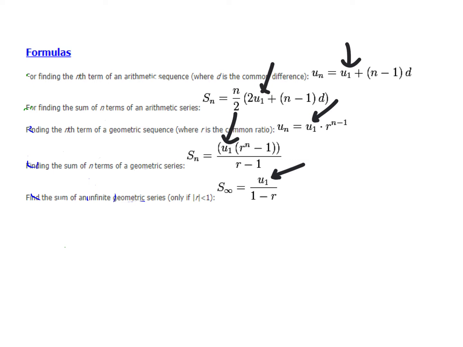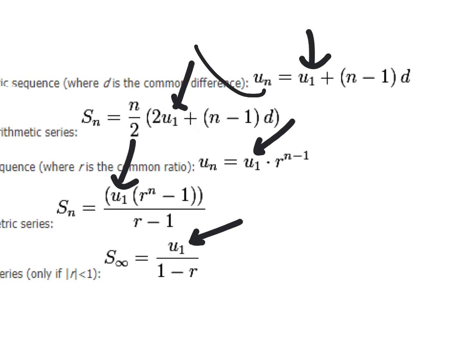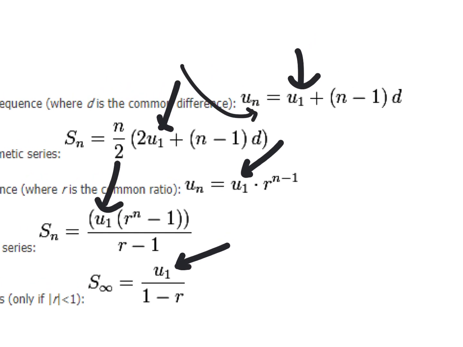All right, so if it's a series where you're adding everything up, you need these formulas, then make sure you use u sub 1. All right, so let's talk over some of the key letters here. N is the subscript, which is like which term you want. So if I said u sub 20, that would mean the 20th term.